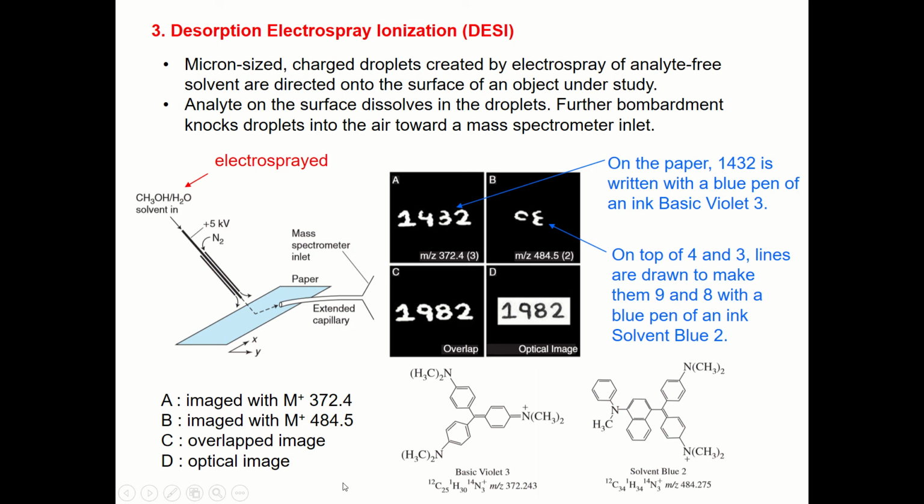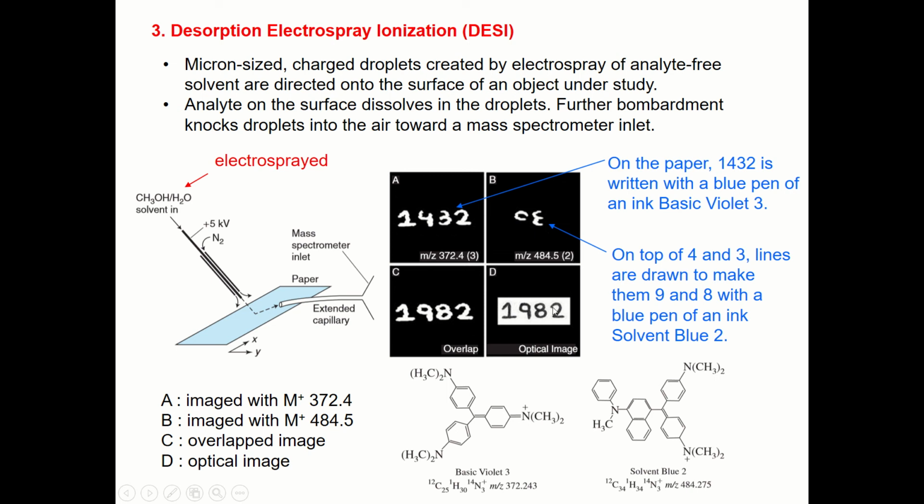But if you detect the molecular peak of 484.5, then this one is not detected. Only this part is detected, and then if we overlap this image A and B, you can construct this one.